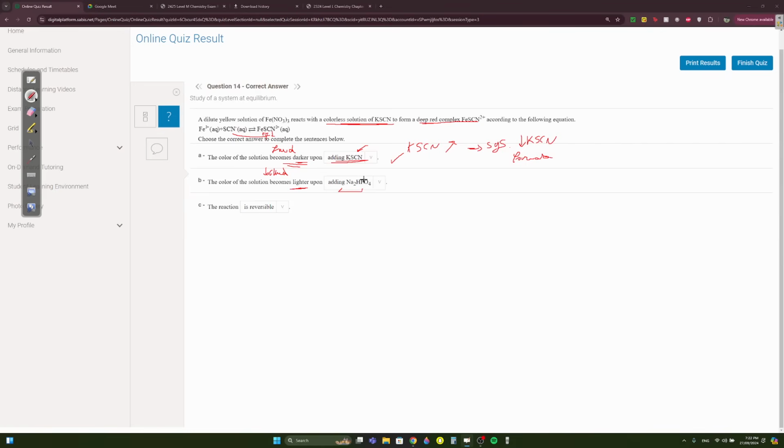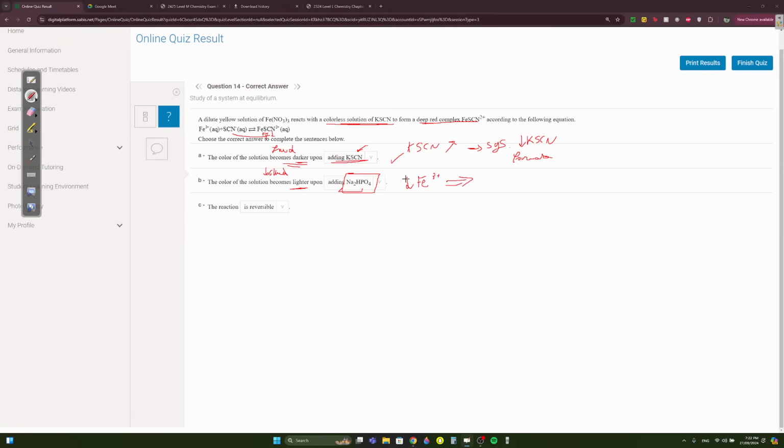I'm going to explain this. If you add Na2HO, okay, this compound here, sodium, I don't know, sodium sulfate, I think. What it does is it decreases Fe 3 plus. You have to memorize this. Okay, that's what this compound does.